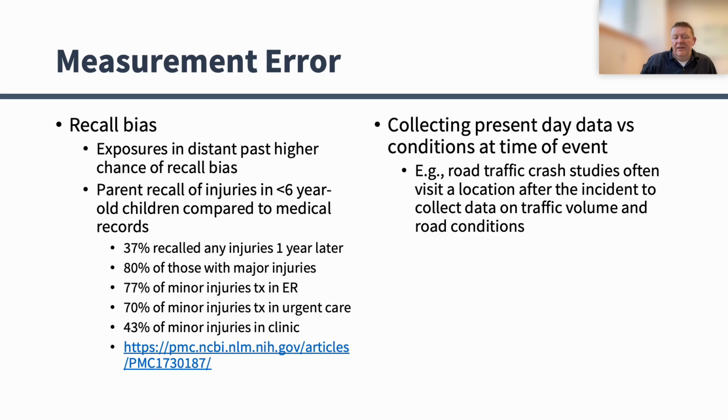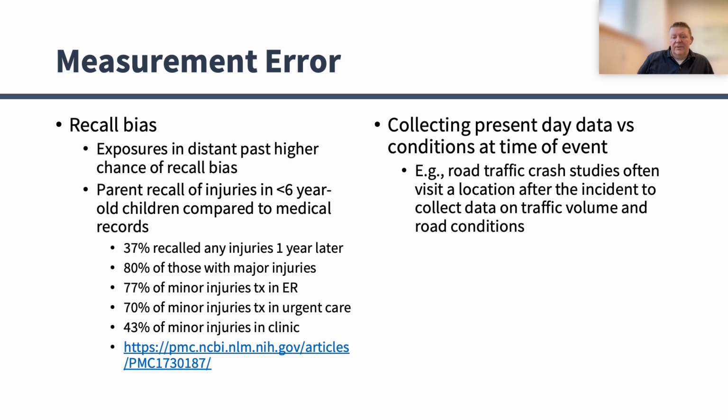Exposures further in the past have higher recall bias. If we're trying to look 20 years back, is the person going to be able to remember those things accurately enough to be of use for the study? For example, one study in Seattle looked at children who had been injured and followed up with the parents a year later to determine if they could recall those injuries happening.